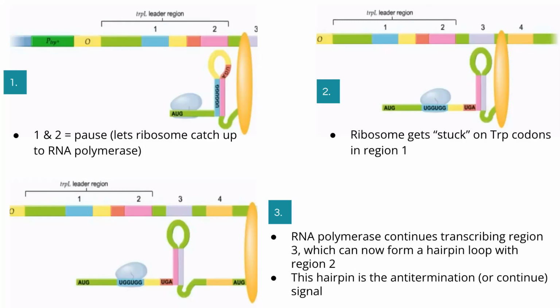Trip is used to create trip tRNA. So if you use up all your trip to create trip tRNA, you'd have low trip but high trip tRNA. But there could be scenarios where you don't use up all the trip, so then you would have high trip and high trip tRNA levels.